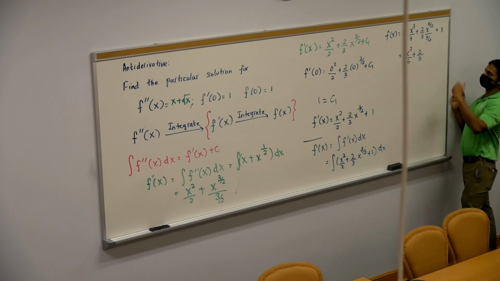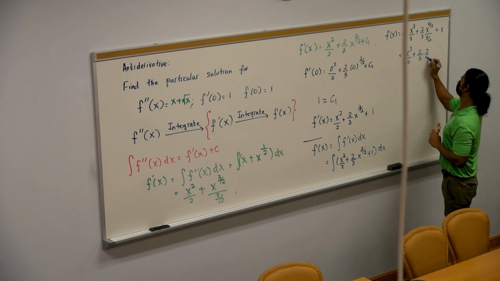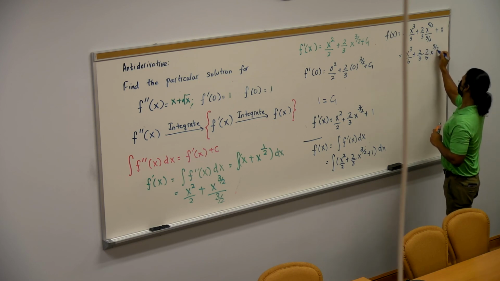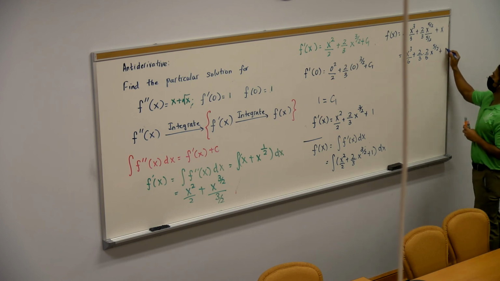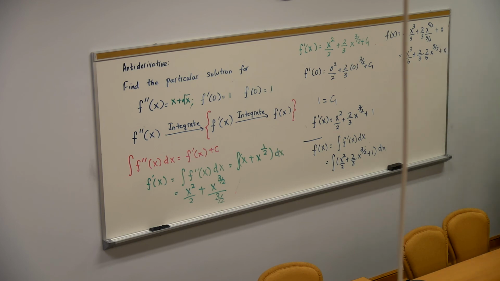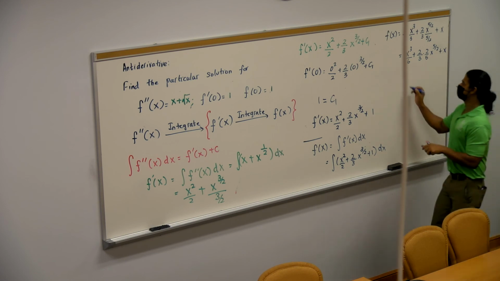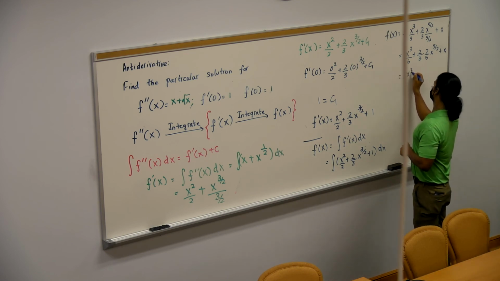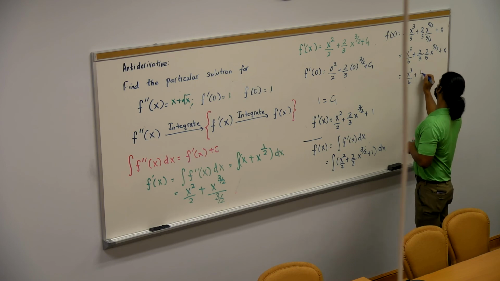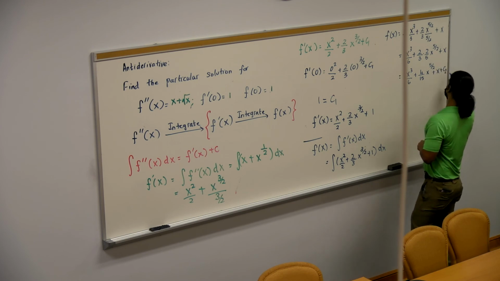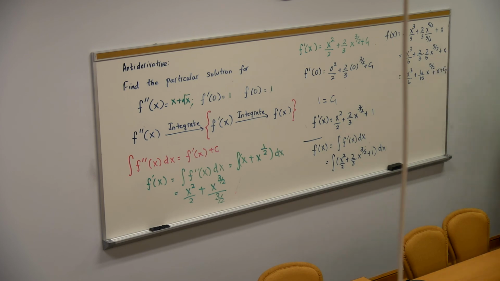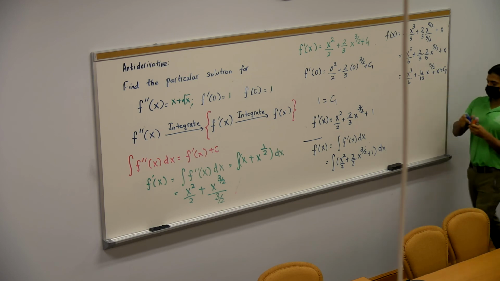Flip and multiply, you get 2 over 5, x raised to 5 over 2 plus x, which would give us x cubed over 6 plus 4 over 15, x raised to 5 over 2 plus x plus C2. And that would equal f of x.